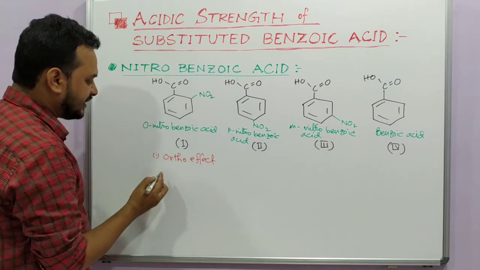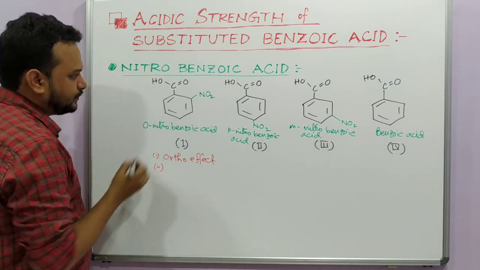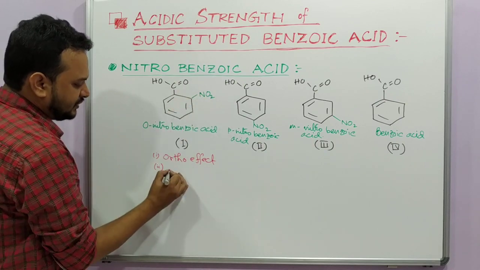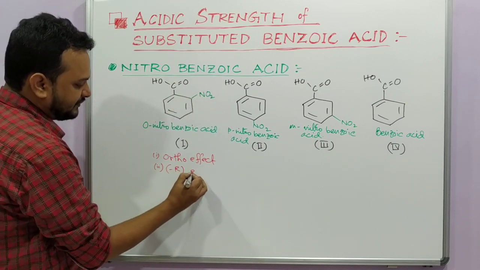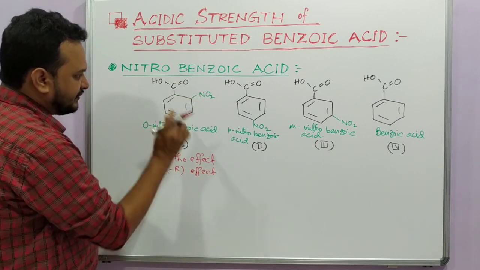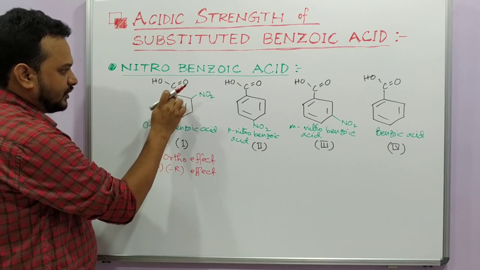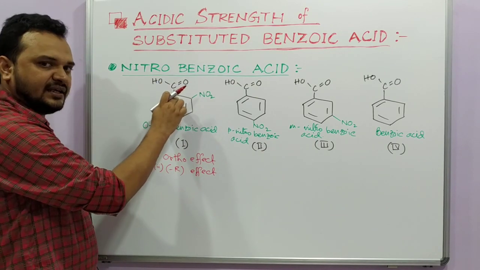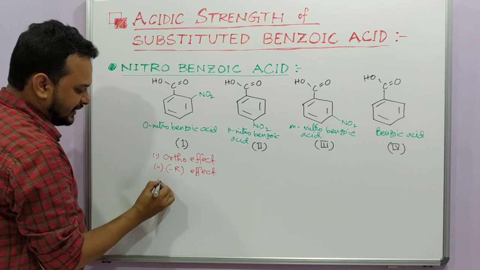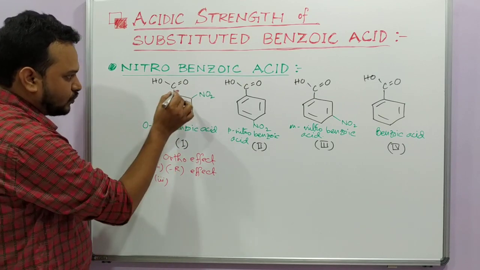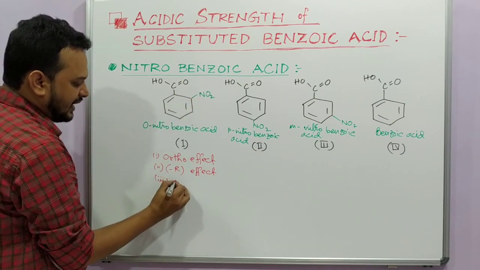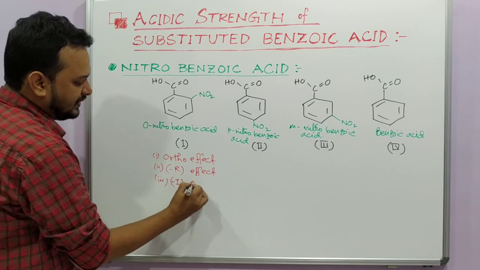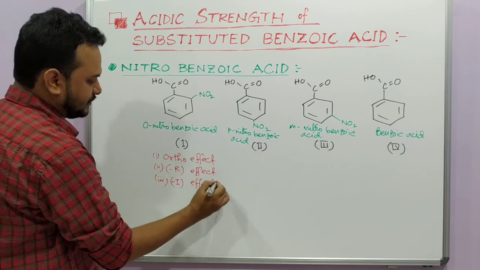Other than that, what are the effects? Number 2, since it is at ortho position, it will exert its minus R effect, and that minus R effect will make this carbon containing the carboxyl group highly electron deficient. And since it is at ortho position, very close, its minus I effect will also be highly pronounced, right?